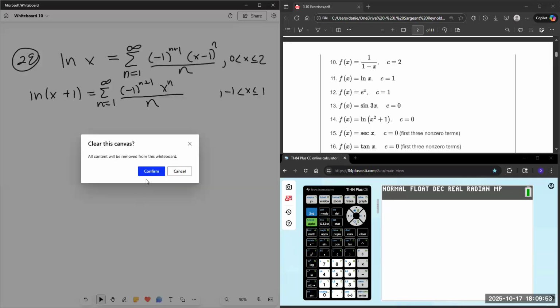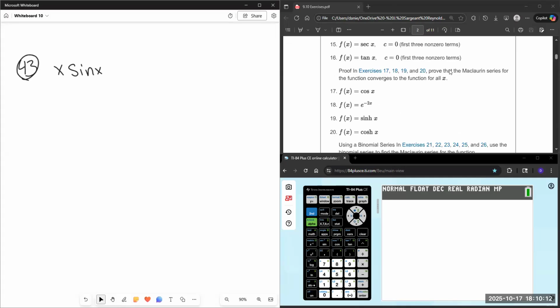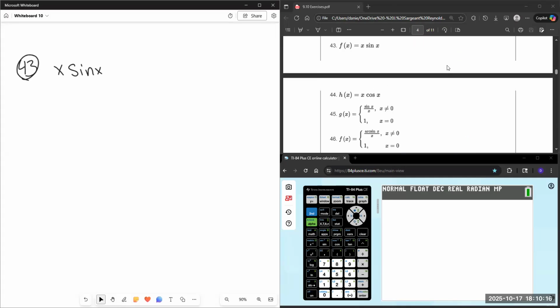All right. Next one is also very straightforward, using your table of Taylor series functions. So 43 says it wants the Taylor series for x sine of x. I should show you 43, not just write it down. There it is.